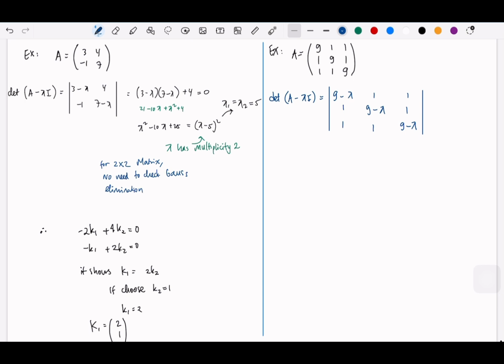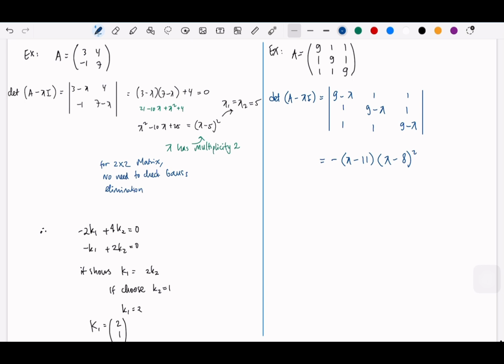And by taking the determinant for 3 by 3, we're going to see that it would be, I will write the final equation. Using the 3 by 3 determinant, this should be negative lambda minus 11, lambda minus 8 squared.